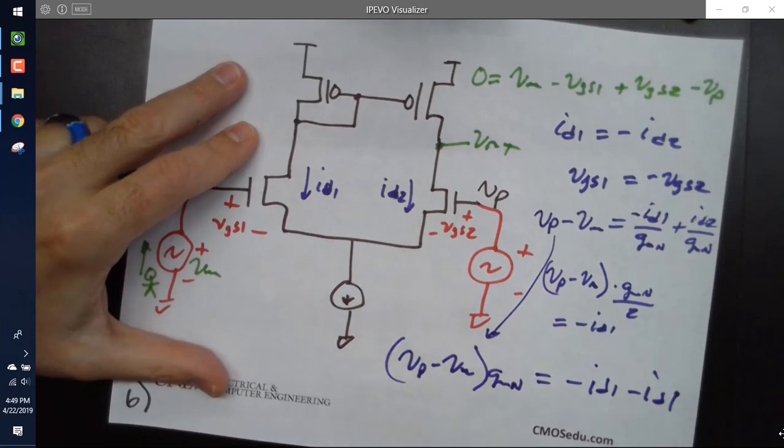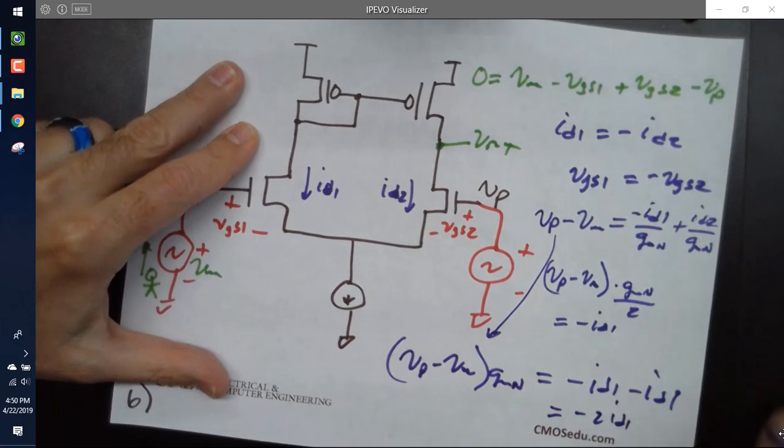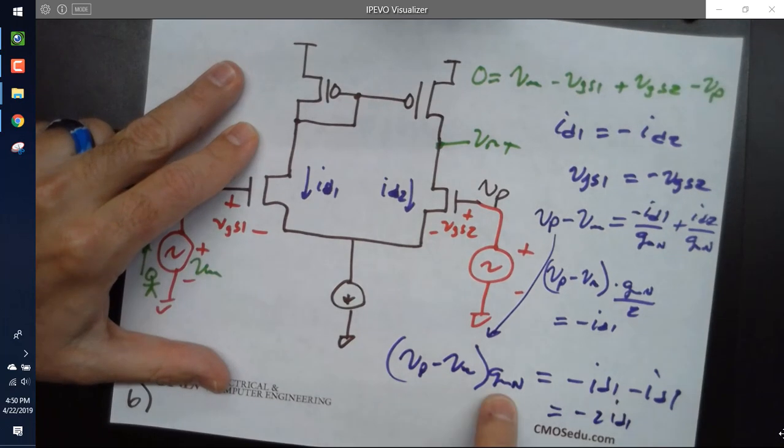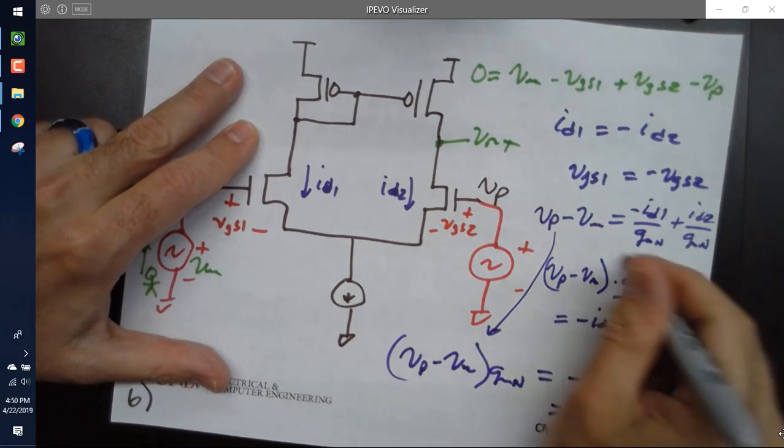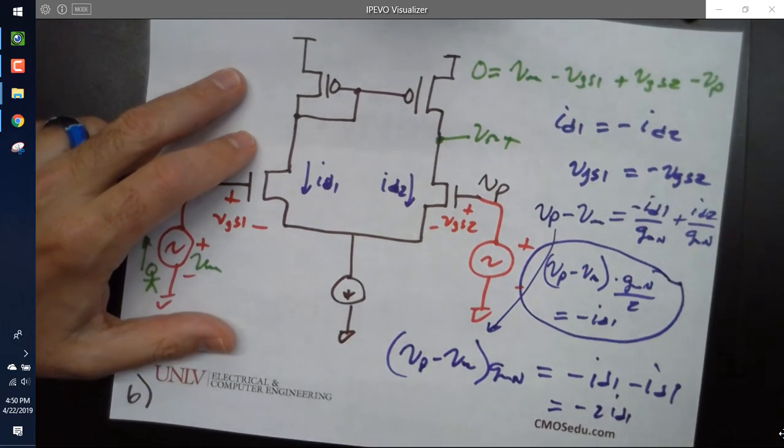Looking good. And that's equal to minus 2 ID1, or minus ID1 equals GMN over 2. Who agrees with that?